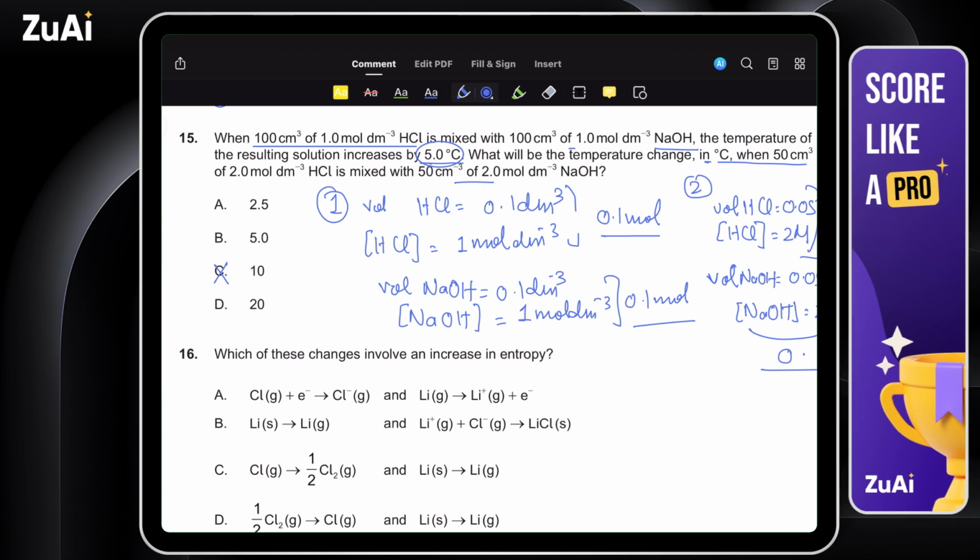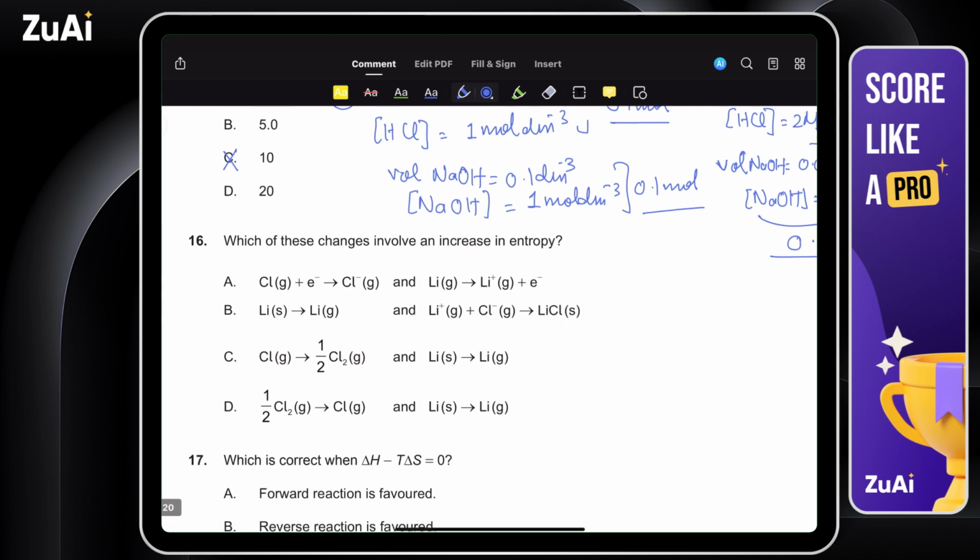Because you just double the concentration, that's why.